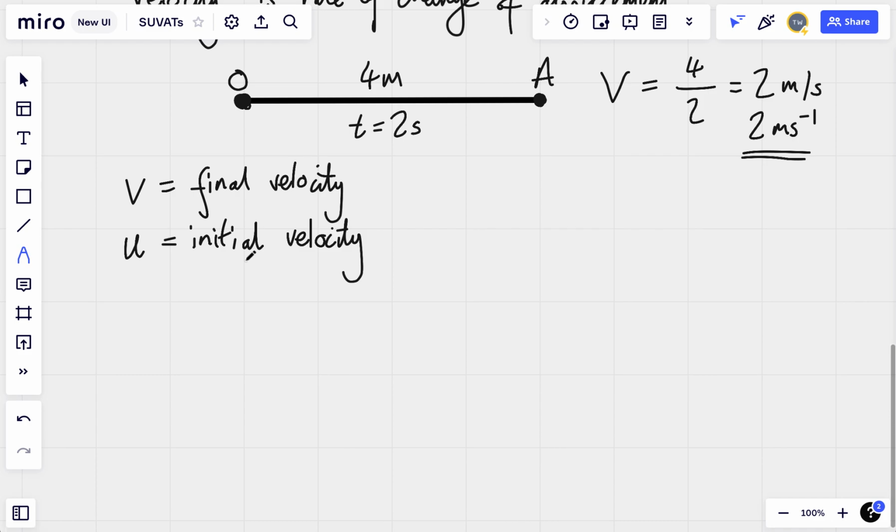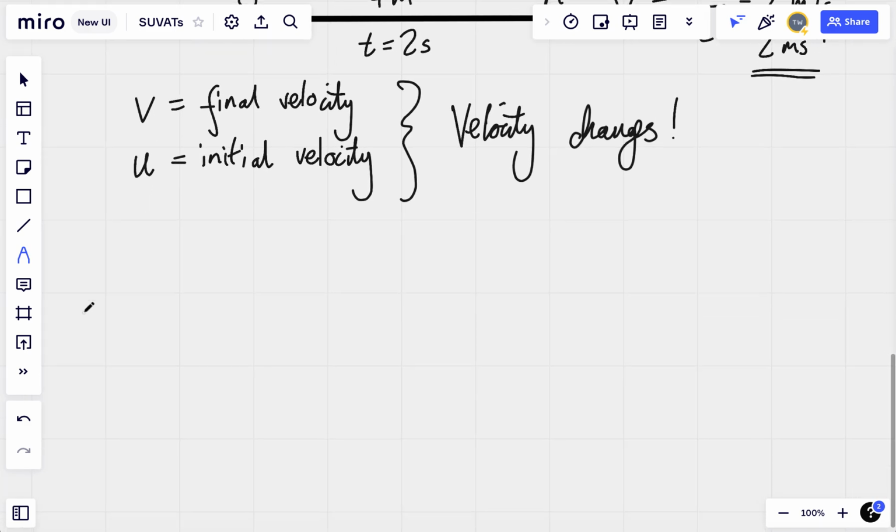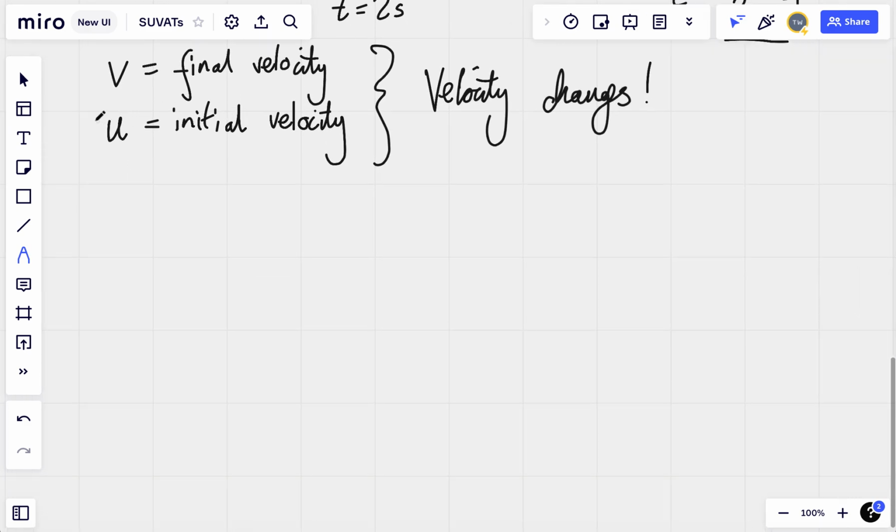And when our velocity changes, we call this acceleration. So if I have initial velocity and a final velocity, that means that when my velocity changes, I need to have another letter which I use. And this is A. And A stands for acceleration.